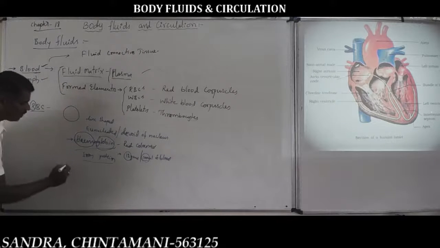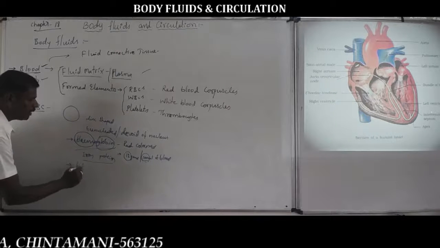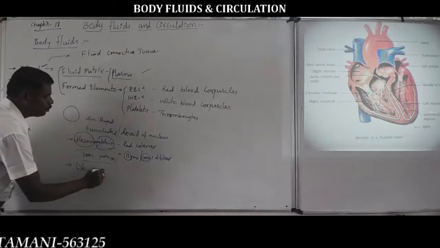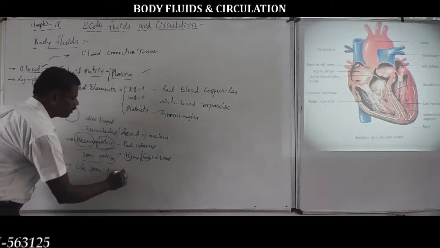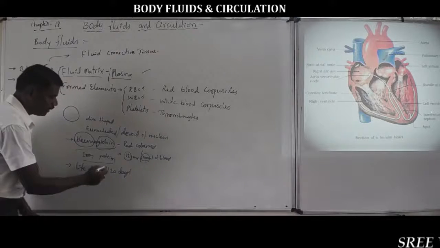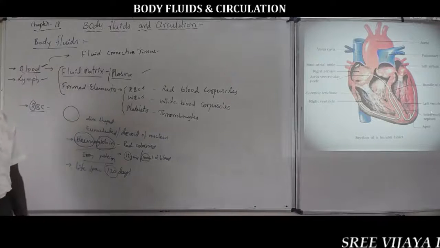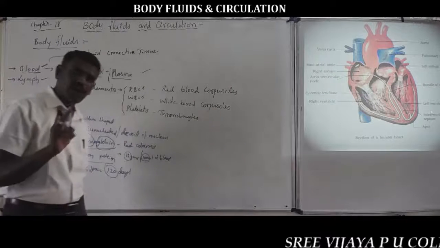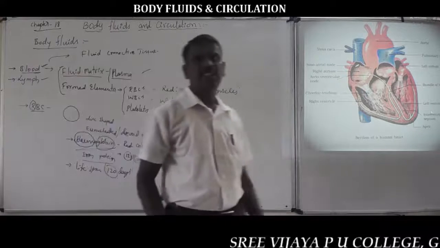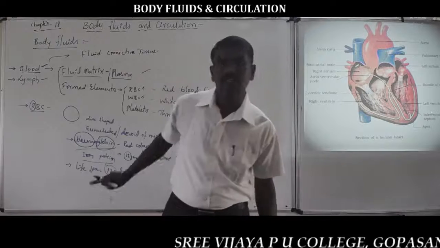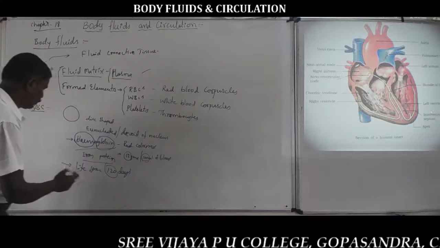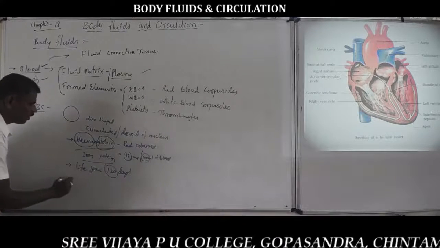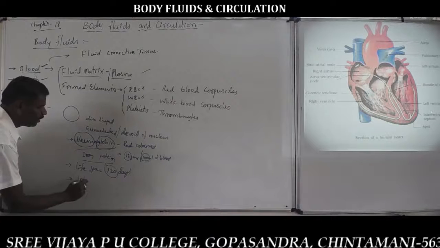The lifespan of these RBCs is 120 days. Very important, 120 days. After 120 days, the RBC cells die. After the death of these RBCs, there is the spleen.